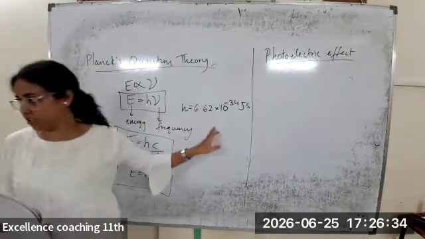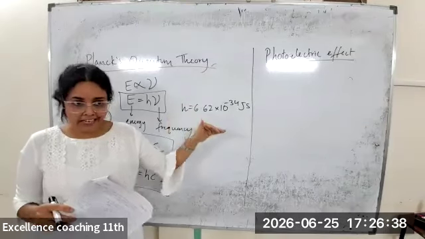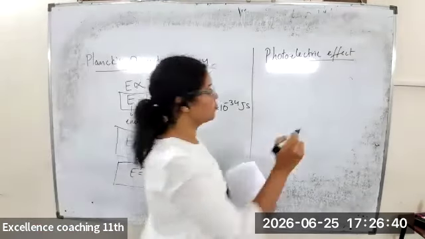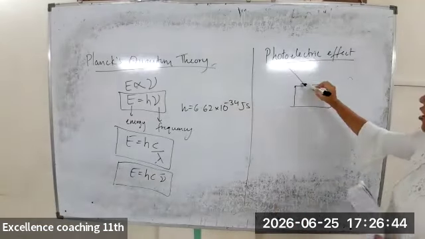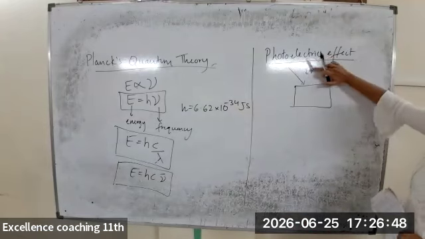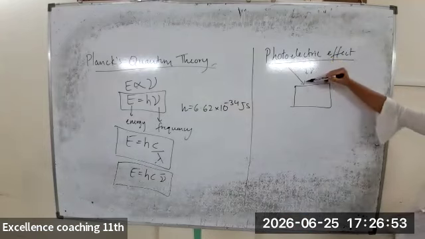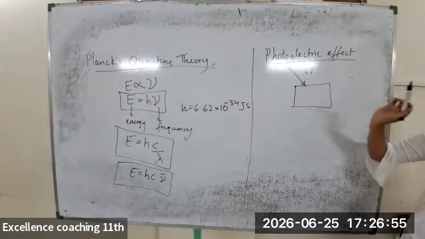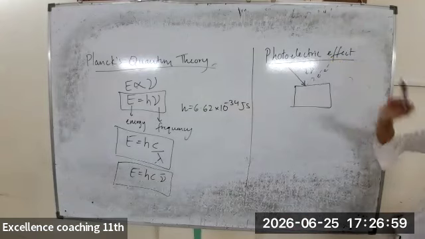When a radiation of a minimum frequency strikes a metal surface, suppose I have my metal surface, and a radiation of a minimum frequency strikes this metal surface, some amount of electrons will be given out.